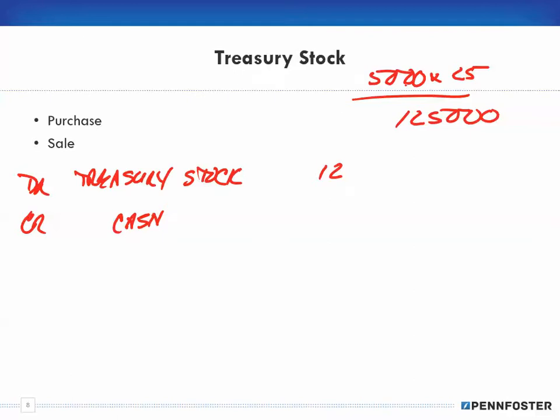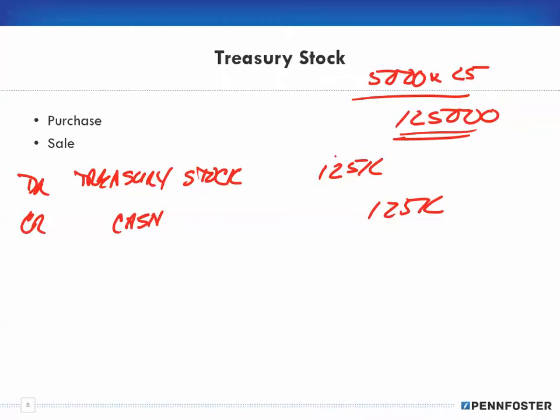I should have used the example of 5,000, but that's neither here nor there. Anyway, we're going to decide to buy some of that stock back, and we're going to buy 5,000 shares at $25 a share because the $25 is our market value. So we're going to pay $125,000 in cash, and our treasury stock is going to have $125,000 worth of stock in it.